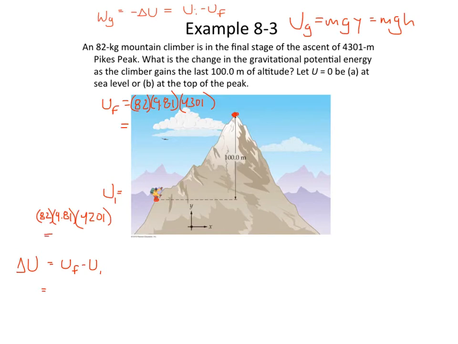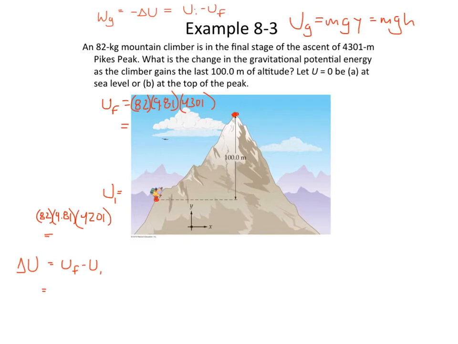Our U initial is going to be 82 times 9.81 times 4201. 82 times 9.81 times 30. I'm getting all messed up here. Give me a second. I was having calculator problems.